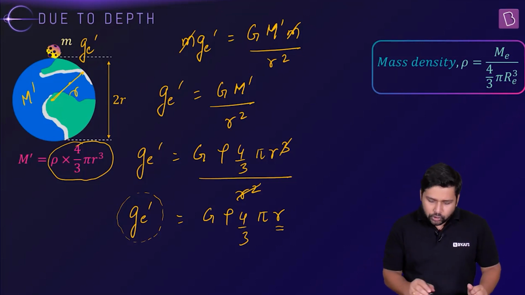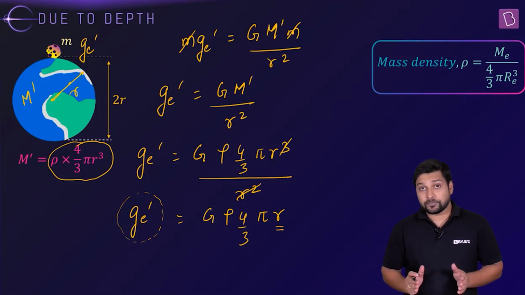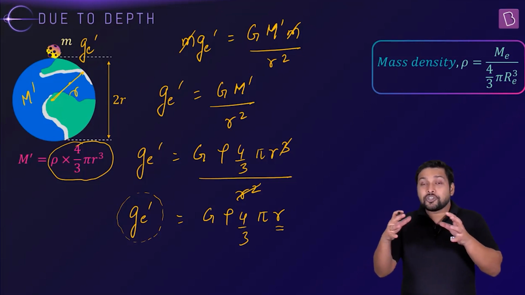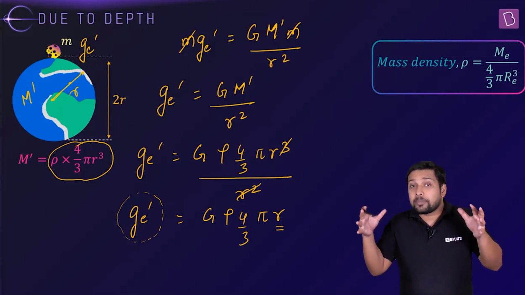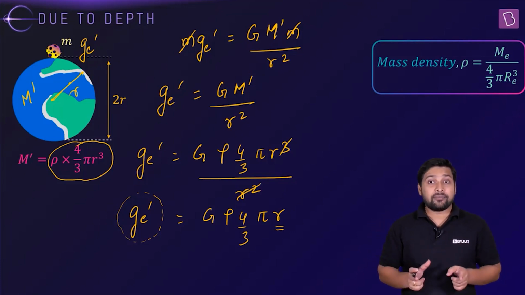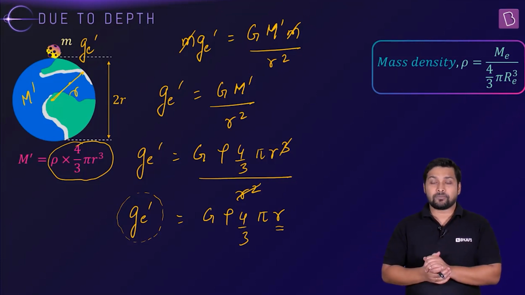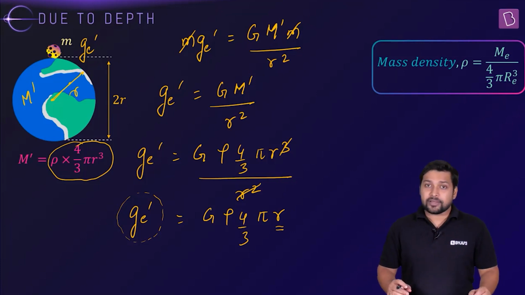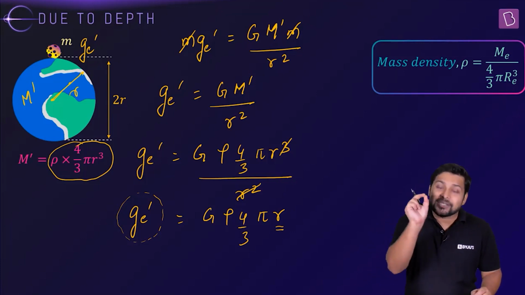As you can see, it is directly proportional, which means as you go on increasing, you will be accumulating more and more mass, and the value of acceleration due to gravity should go on increasing. Now a question comes: what if there is a body at the center of the earth?